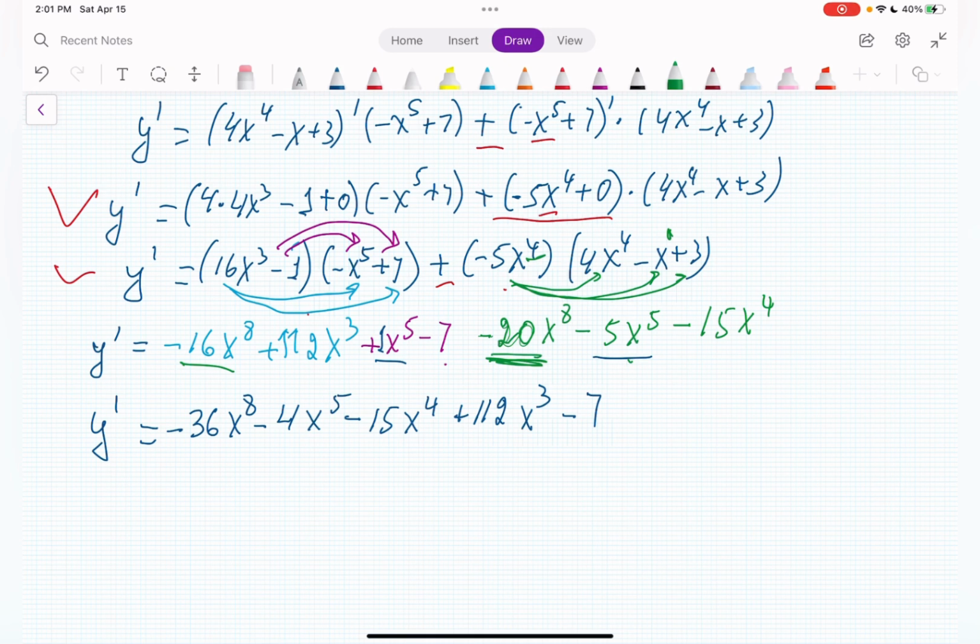Well, let's see, maybe combining we did something wrong. Negative 16, negative 20 is negative 36x to the power 8, and then next comes x to 5 minus x to 5, it's my negative 4x to 5. Next comes negative 15x to 4, 112x cubed plus 112x cubed, and negative 7, negative 7.